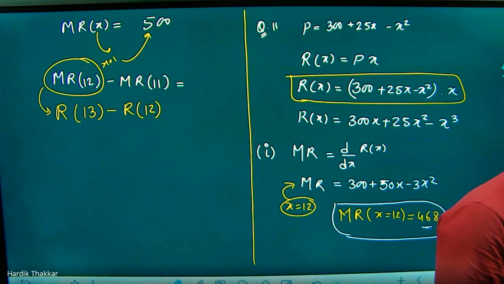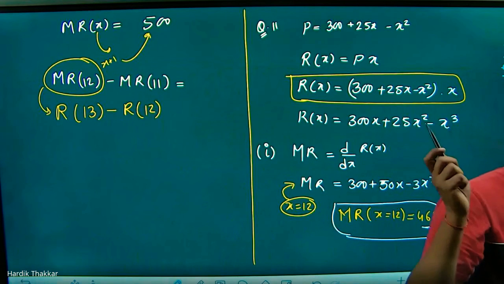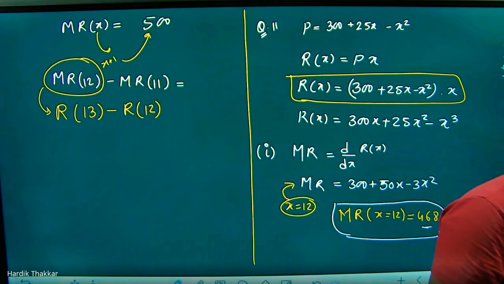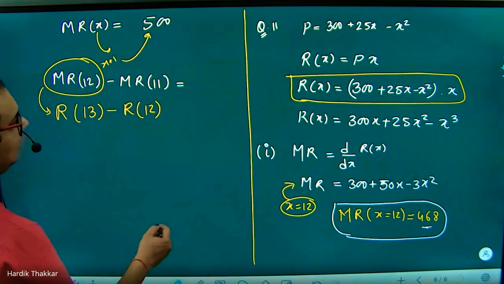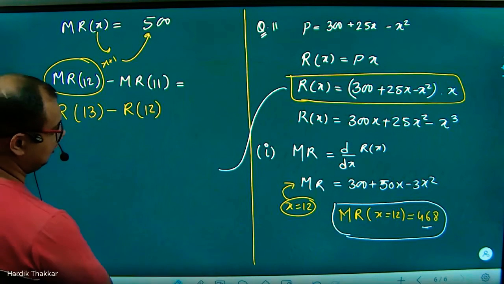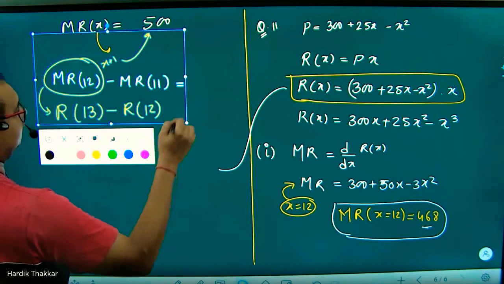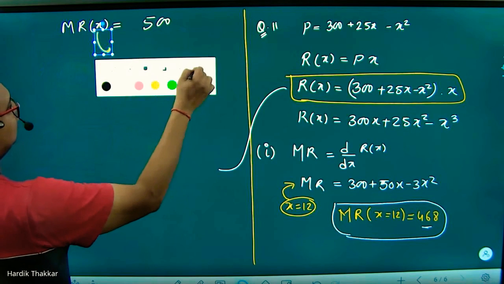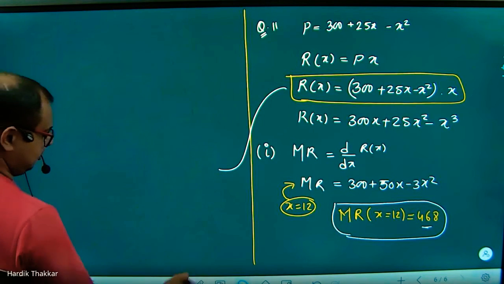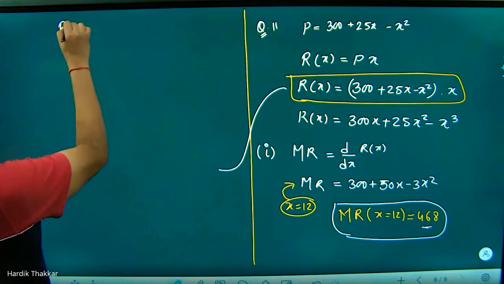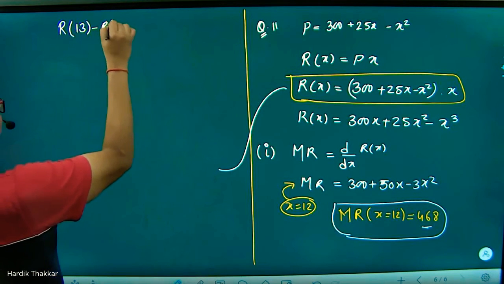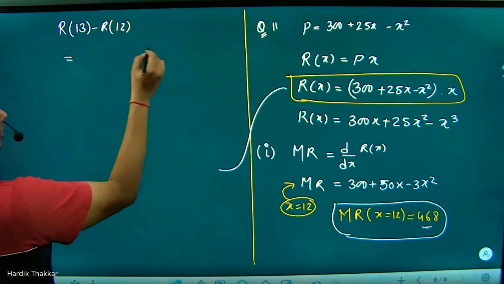Yes, I think it is capital R13. So we have to calculate simply revenue like this. For the second part, we have to use this function; we don't need to calculate this. Correct. In case of R13 minus R12, put 13 here.